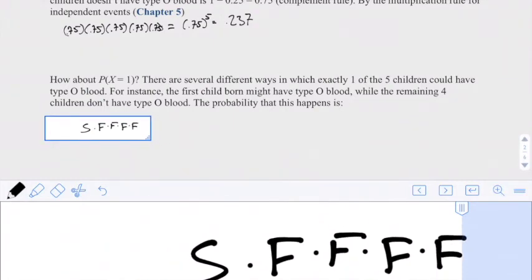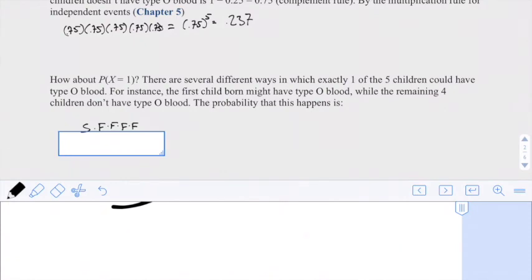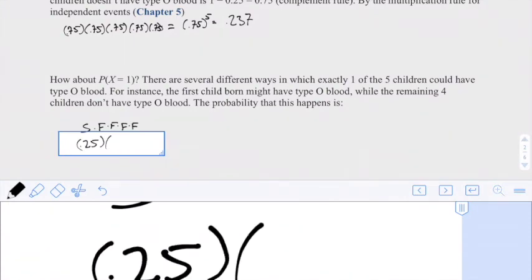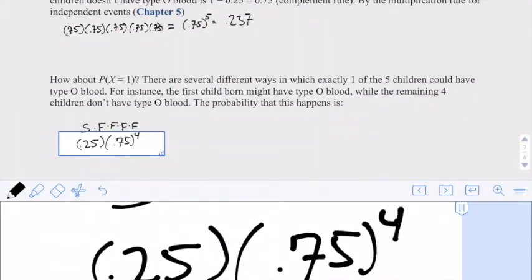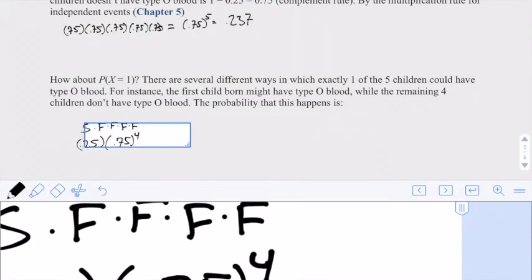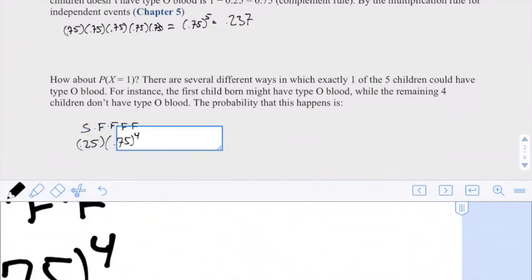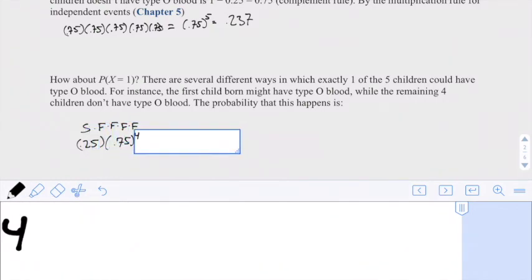So we have 1 success and 4 failures. This is 0.25 times 0.75 to the 4th power, for 4 failures.